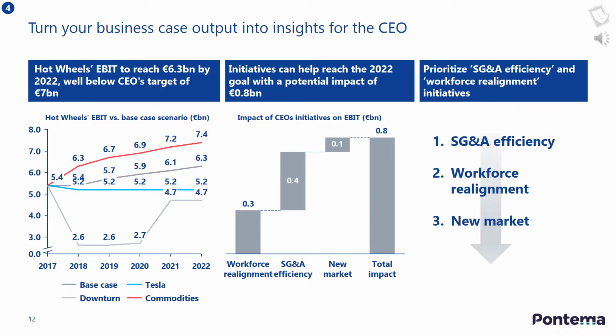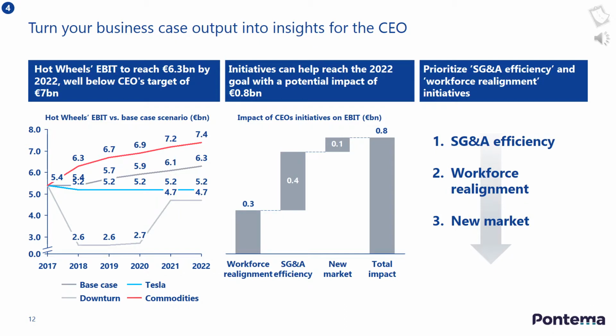An economic downturn or the entry of a new competitor into the premium segment could further reduce the EBIT forecast. However, if commodity prices were to fall by 25%, then the EBIT could reach an estimated €7.4 billion by 2022. The CEO also proposed 3 new strategic initiatives.